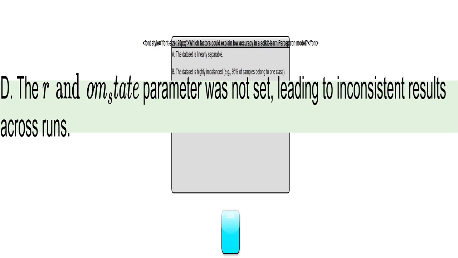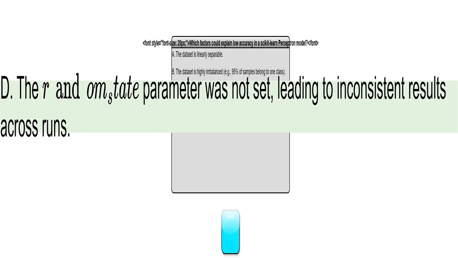Without a fixed random state, each time you run your Perceptron, the algorithm starts from a different random configuration, resulting in different outcomes and making it hard to compare results fairly. This doesn't mean the Perceptron is inherently bad, it's just that without a fixed random state, you are making a fair evaluation difficult, leading to unreliable observations. You would think you have a bad model, but really you just have different starting points.